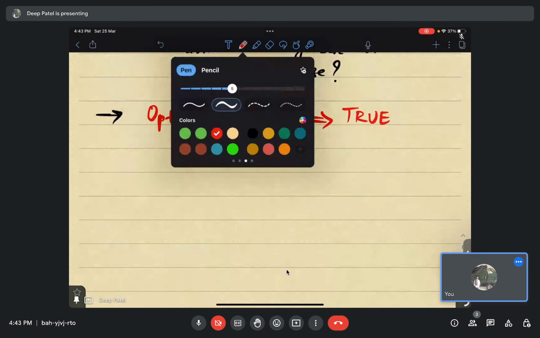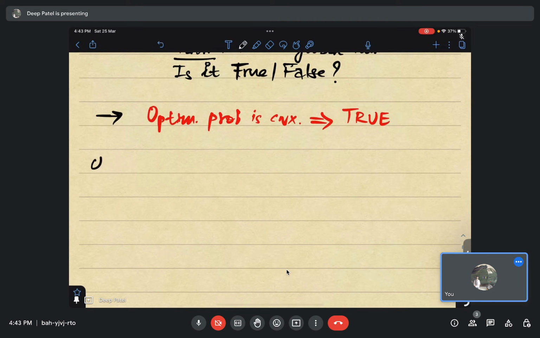Okay, last question from the problem set.